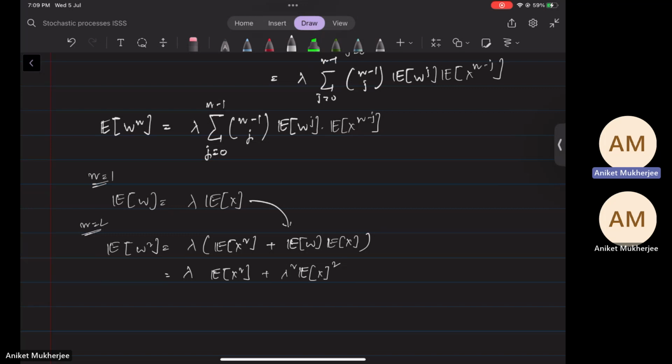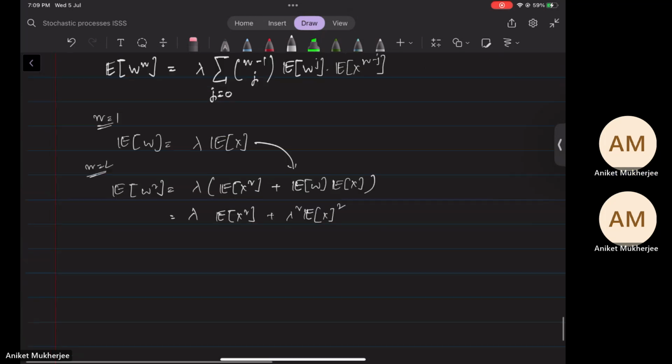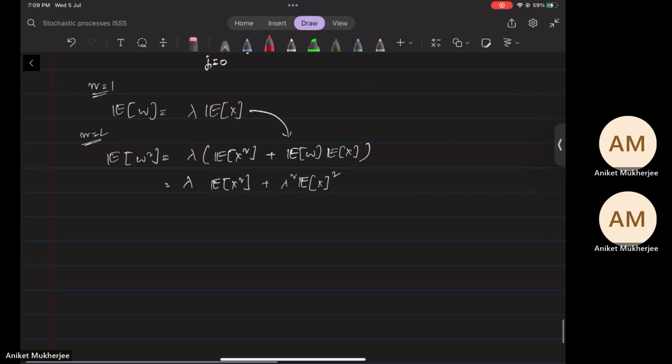So next we'll define the compound Poisson process. Let us say you have a stochastic process X(t), not a counting process, a stochastic process X(t), t greater than or equal to 0.